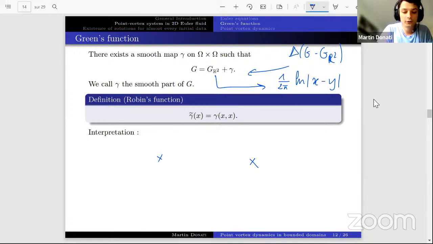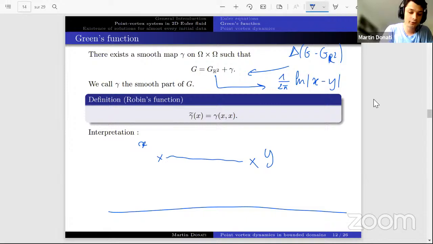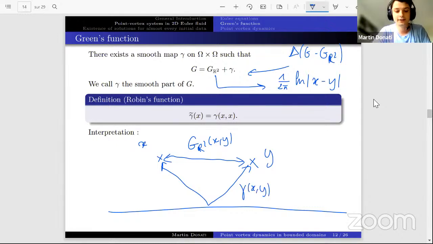So what I want to understand is the influence of some vorticity placed in y on a point x, especially when you have a boundary. We have a direct influence, which is represented by g of R2, x, y, and you have an influence through the boundary of this vorticity placed in y. And this is exactly γ of x, y.